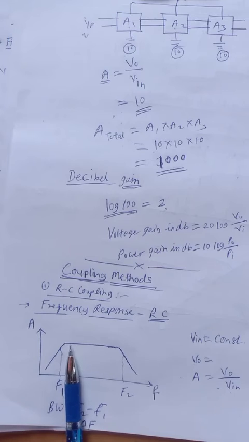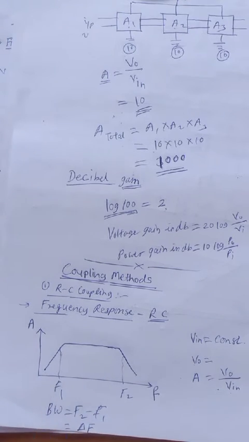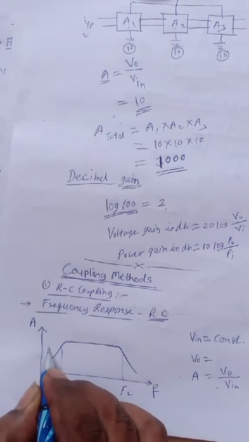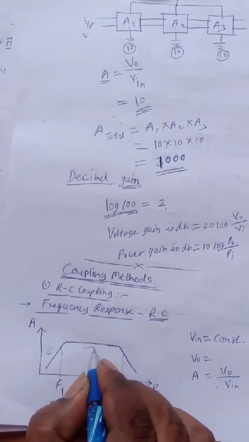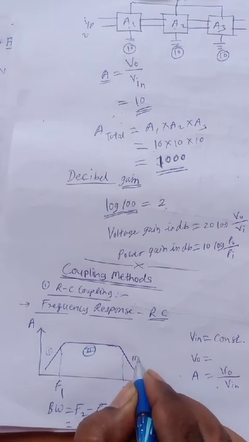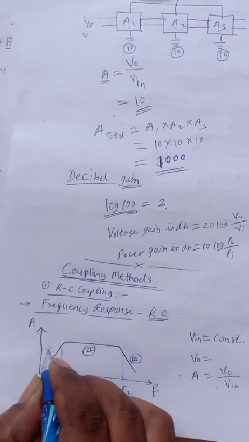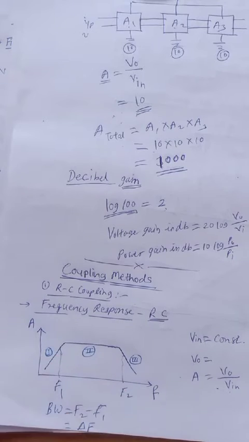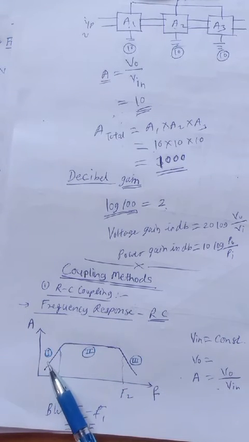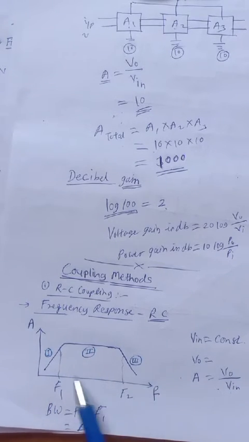So why does this happen? If we divide this total variation into three parts, this is the first, this is the second, and this one is the third. In the first and third parts, the output voltage amplitude or gain is low.